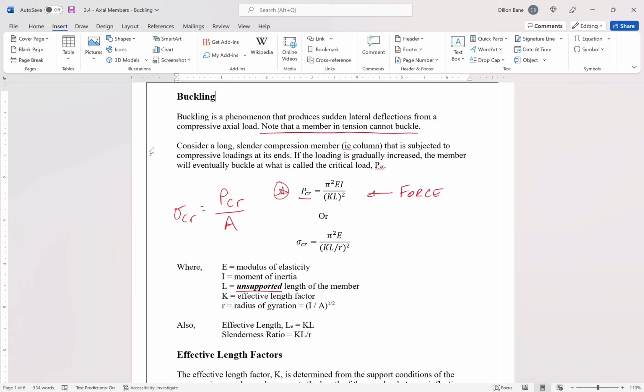And that makes sense. Obviously, too, we look at K and L on the denominator of our equation. Let's start with the length. If our column is a short little column, it will be very hard for that column to buckle.